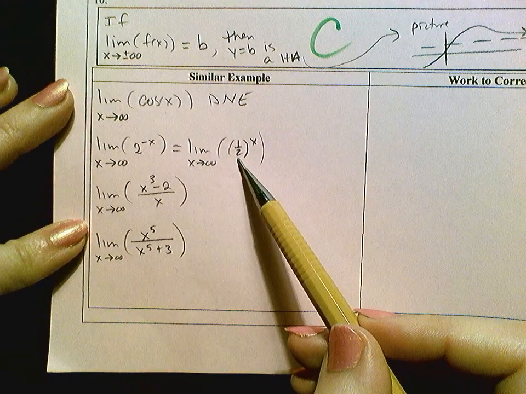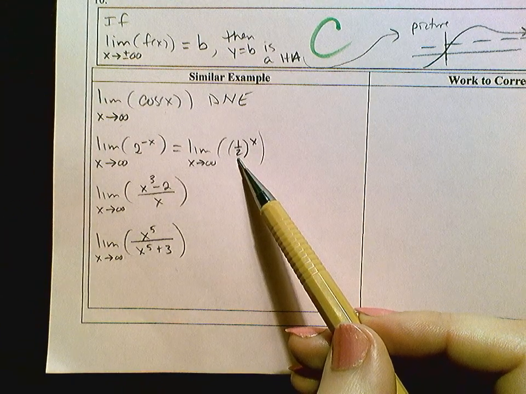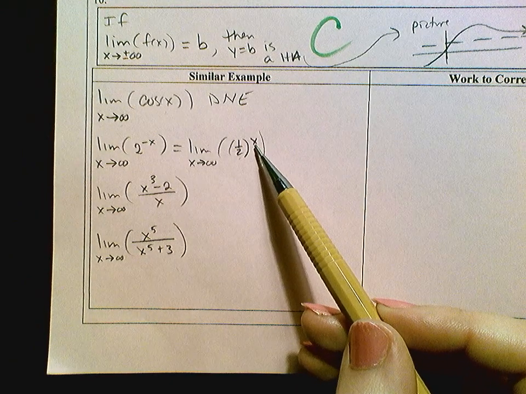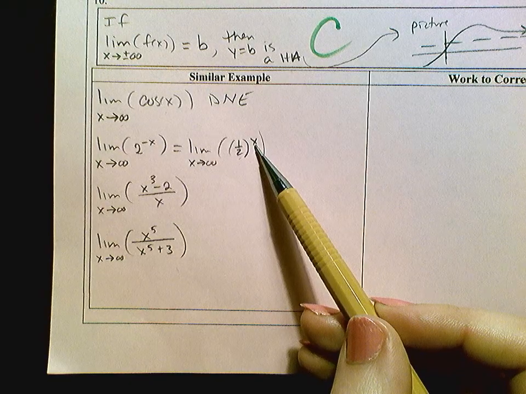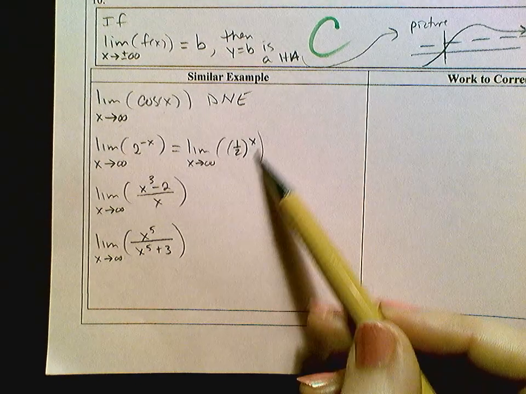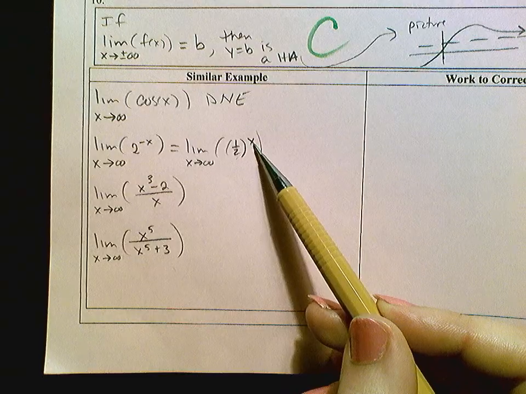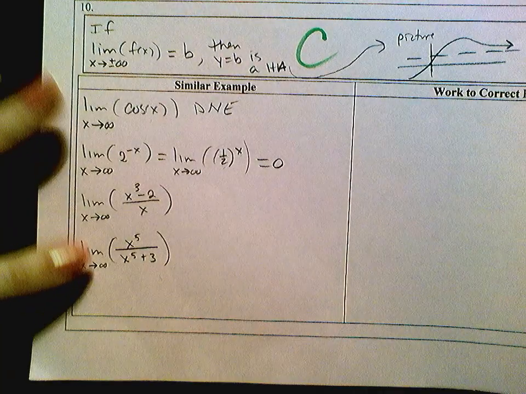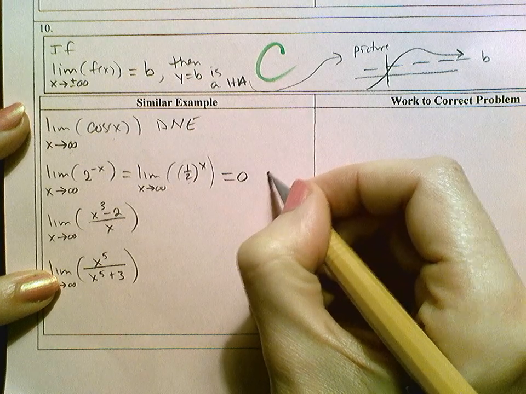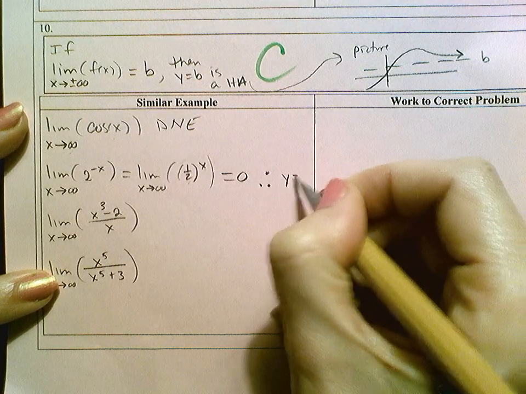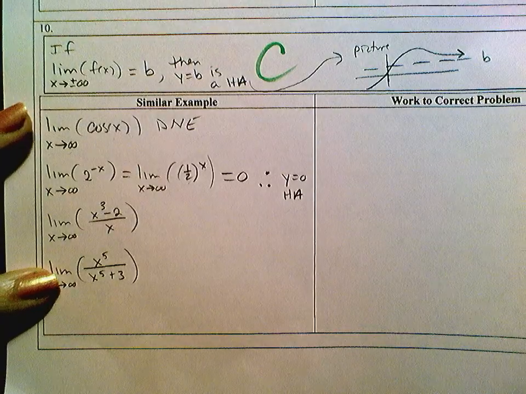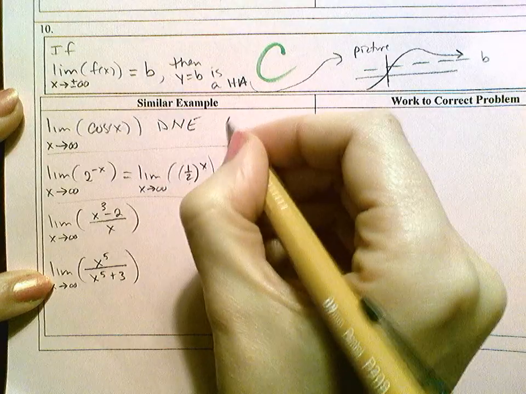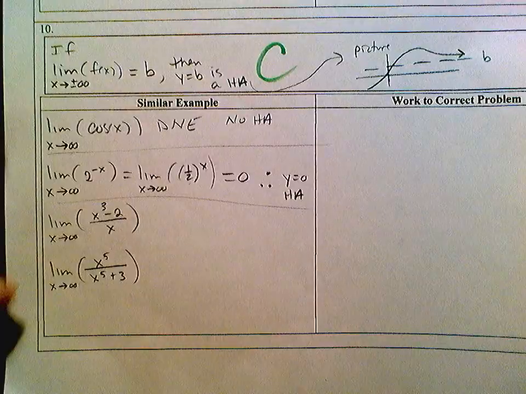And if you've got a base that is a fraction and is less than 1, and you keep plugging in bigger and bigger x values, this is getting smaller and smaller. So as x gets bigger and bigger, this is getting smaller and smaller. So that would be 0. Therefore, y equals 0 would be the horizontal asymptote for that one. Okay, so this one would have no horizontal asymptote.